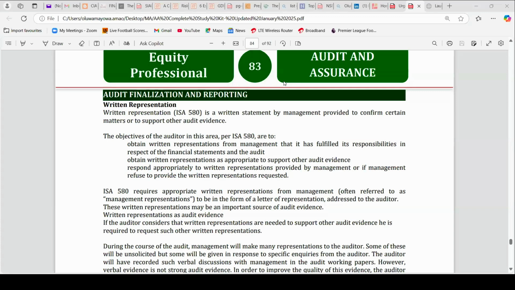Now, the way the auditor will go about confirming those financial statement assertions around the line items in the financial statement, one of the ways is through substantive procedures. This is all from last week and the week before. Substantive procedures are those procedures the auditor will carry out to test whether there is material misstatement in the financial statement.